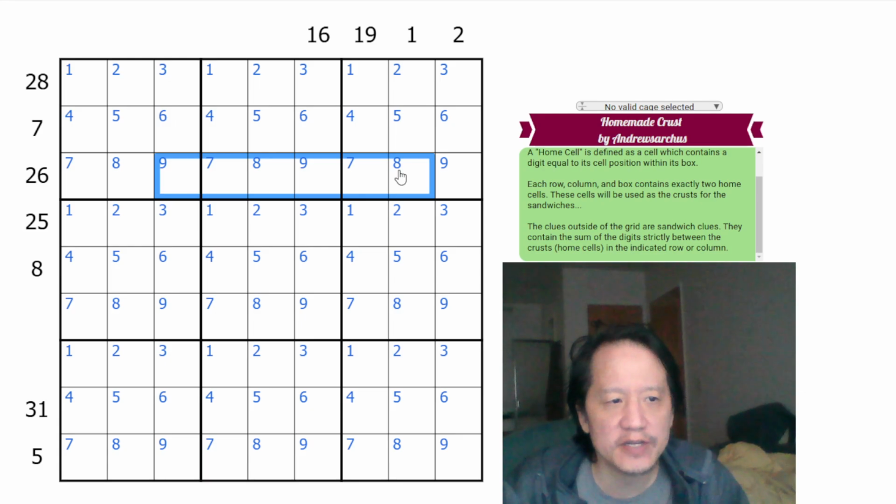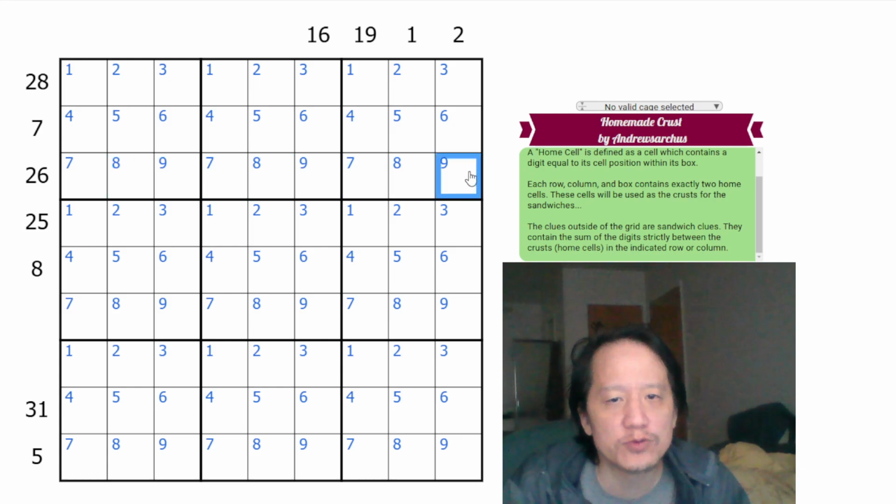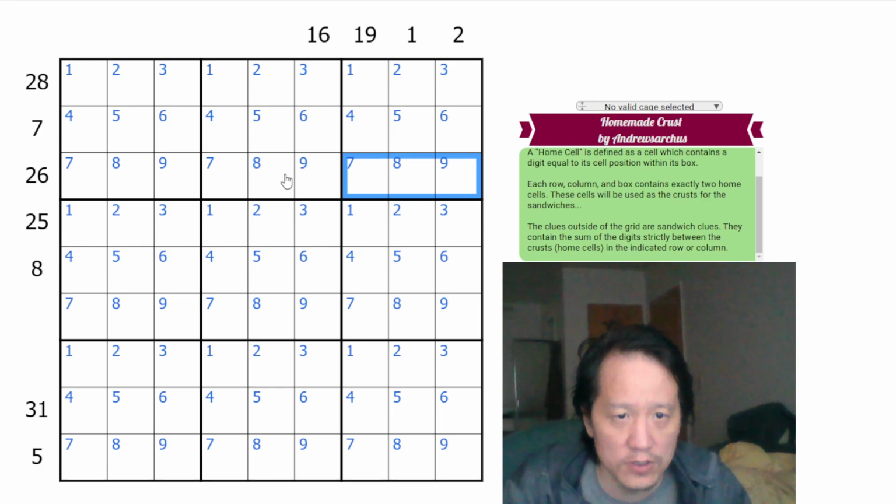What if it's 7 and 9 at the corners? The 7 and 9 cannot be those two because then you would have to have... So 7 and 9 is 16, so 45 minus 16 is 29. So you only have 3 outside. So these 3 numbers would have to add up to 3, and that doesn't work.